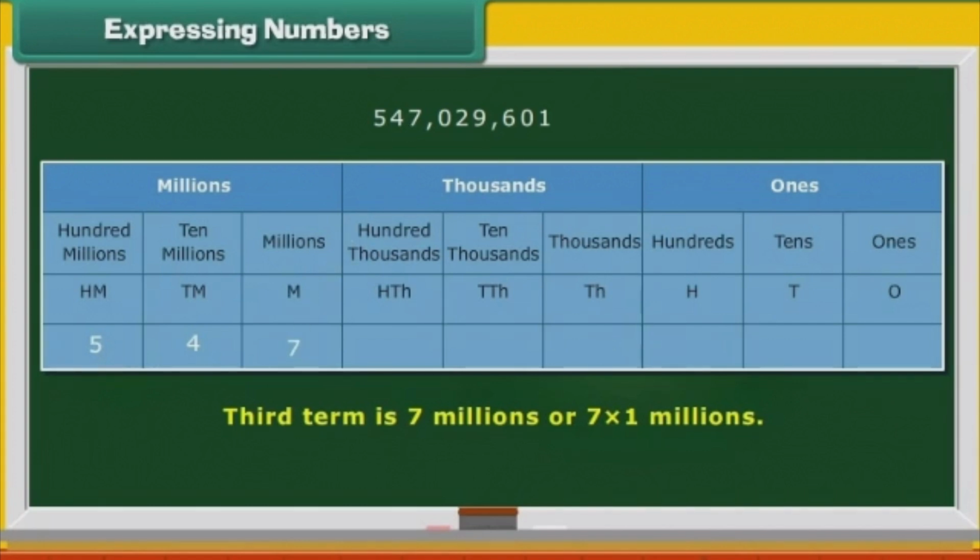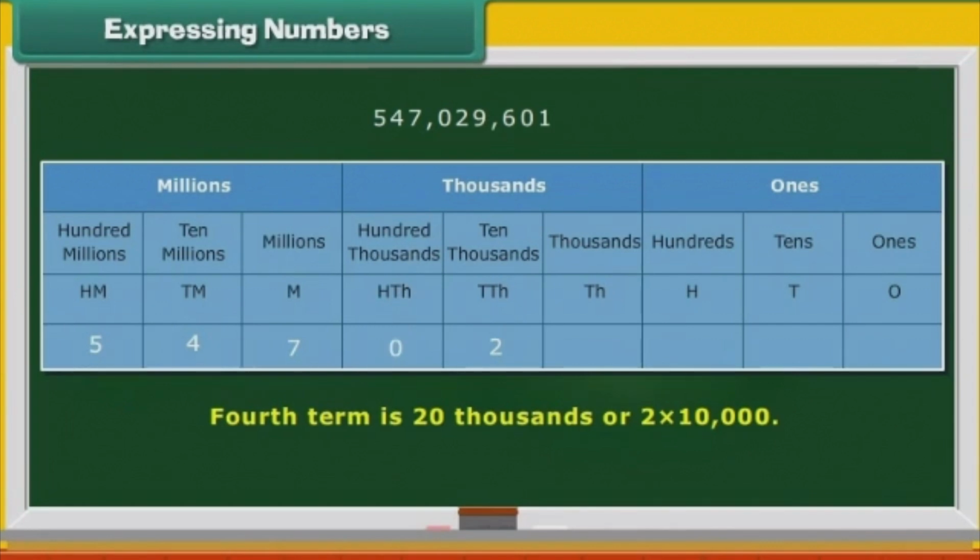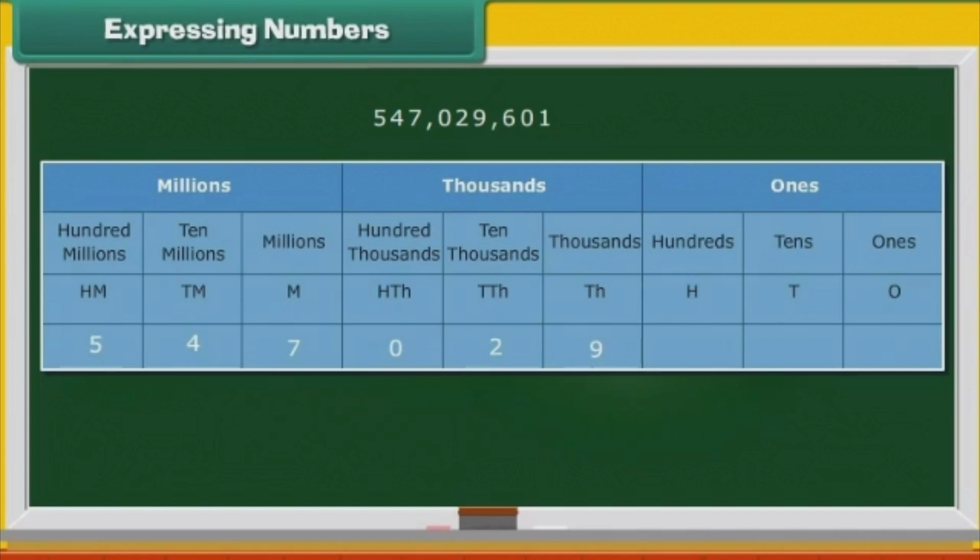Third term is 7 millions or 7 multiplied by 1 million. Place 7 under M. Fourth term is 20,000 or 2 multiplied by 10,000. Write 2 under TTH. As there is no 100,000 term, place 0 under HTH. Fifth term is 9,000 or 9 multiplied by 1,000. Write 9 under TH.